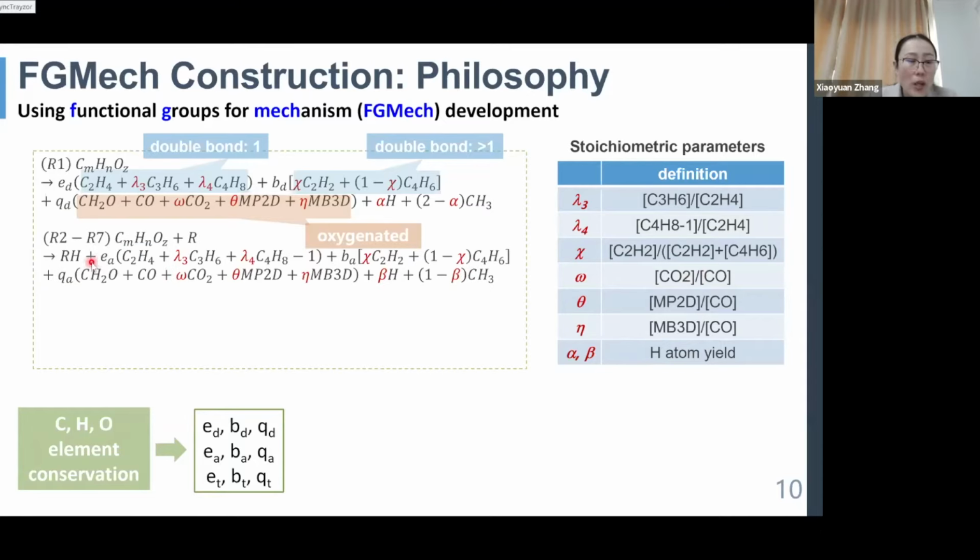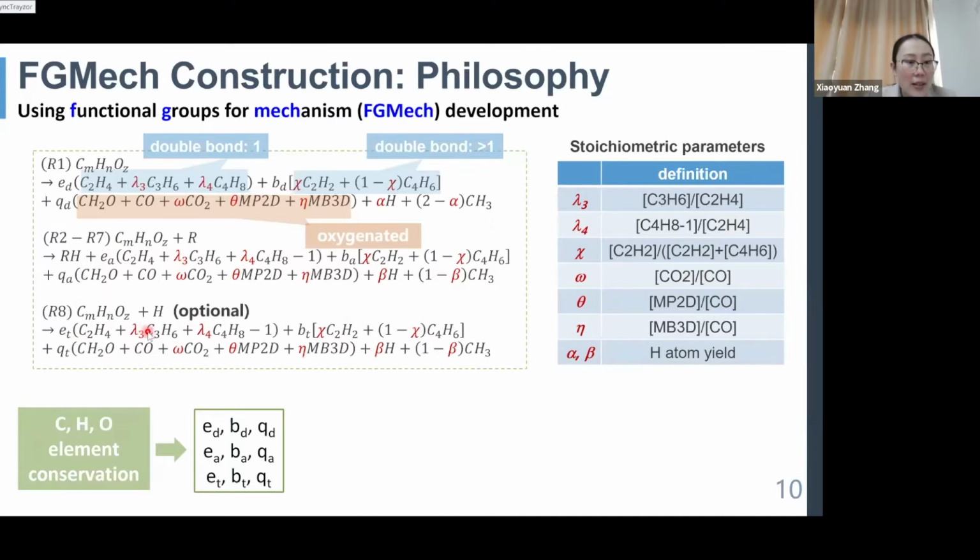Similarly, we also consider other reaction classes. R2 to R7 are H abstraction reaction classes, while R8 is the H addition elimination reaction class. This is an optional reaction class; when there are considerable alkene groups, we need to consider R8.